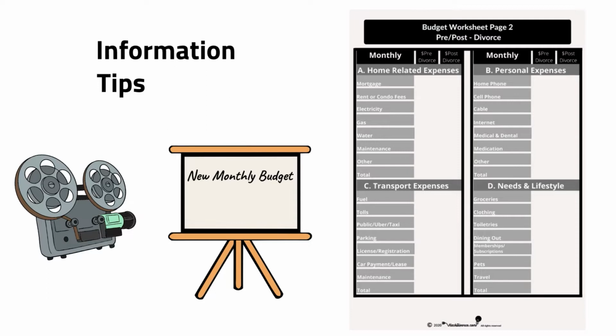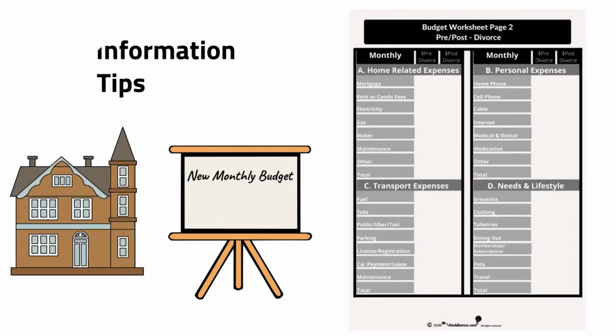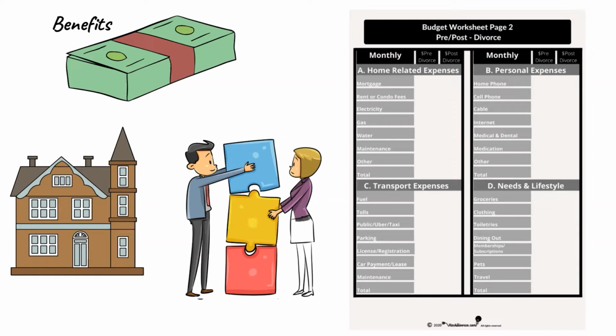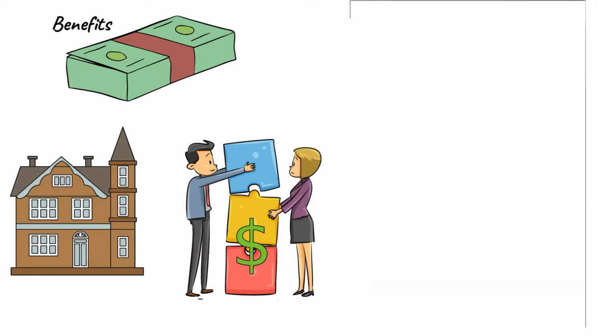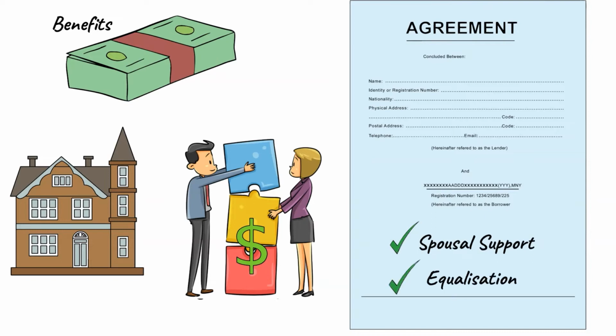It's important that you work out your projected new budget because it will help you to know what you can afford in new accommodations like rent or a new mortgage, and what you might qualify for in government benefits, or how you will split shared expenses until you and your ex physically separate into different homes, or what considerations you might like to bring into agreement negotiations around, say, spousal support and equalization payments. So let's get into it.